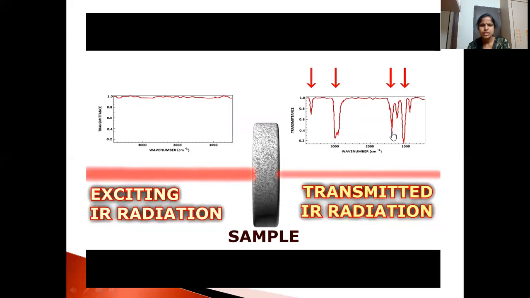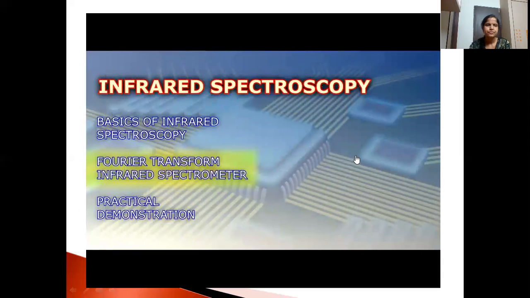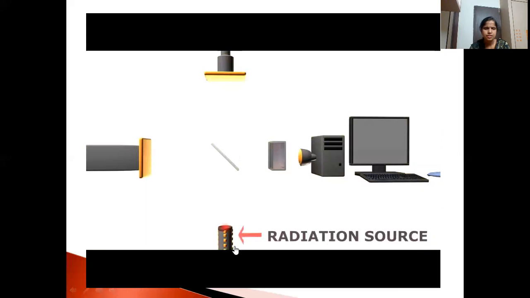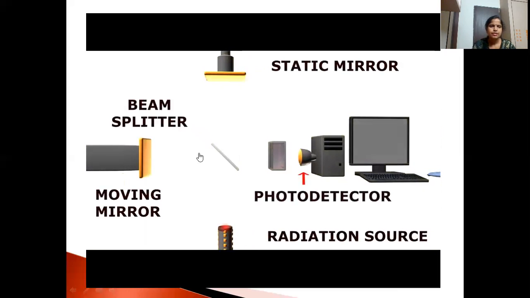That means there is no transmittance at all at particular places, which is why the spectrum looks inverted. Then we have the Fourier transform IR spectrometer, which has a light source or radiation source, which is the Nernst glower, then a beam splitter, two mirrors, one moving and the other static, the sample, and then a photodetector. The Nernst glower can be used as an IR radiation source.